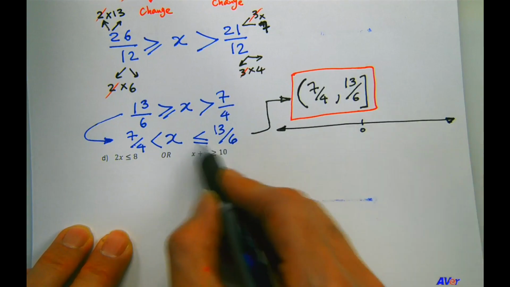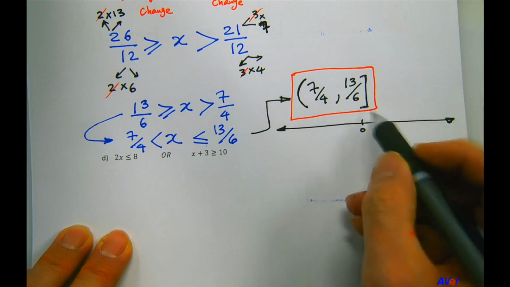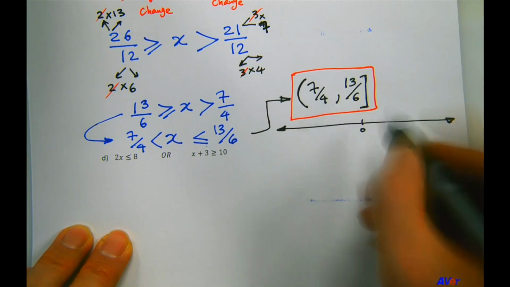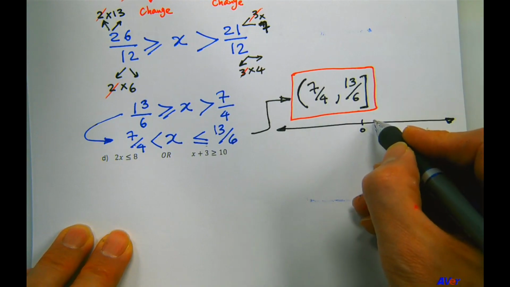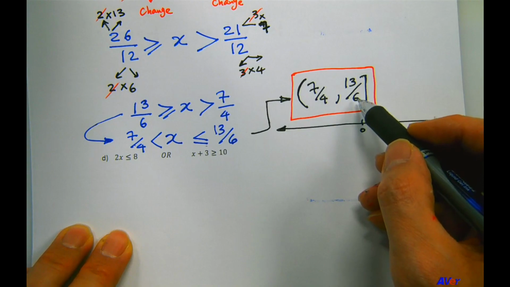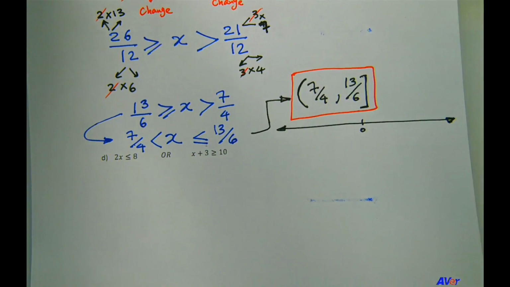Notice the less than or equal to translated into the bracket, right? 7 over 4 is a little bit over 2. 7 over 4 is smaller than 13 over 6, but let's show that with my calculator here.